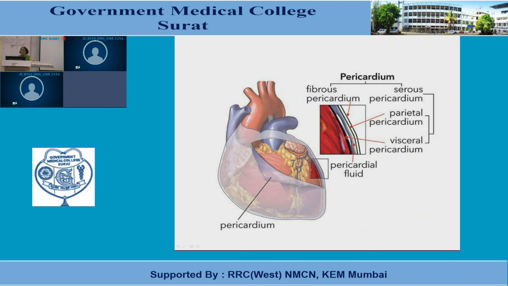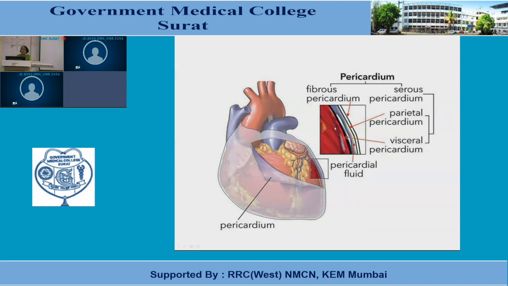Close to the heart chambers is the visceral pericardium, the inner layer of the serous pericardium. The outer layer of the serous pericardium is called the parietal pericardium. So the serous pericardium is divisible into visceral pericardium and parietal pericardium. We can see here the fibrous pericardium, which is closely adjoining the parietal pericardium, a part of the serous pericardium.